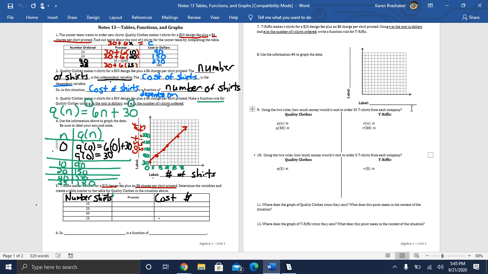I'm just going to use the money symbol there. And I went ahead and kept the same numbers as we used in our previous investigation. So we had, for this one, a $20 design fee plus $8. And then what's changing every time is our number of shirts. So for the first one, it's 10. So we could take 8 times 10, which is 80, add 20, and we'll get a cost of $100.